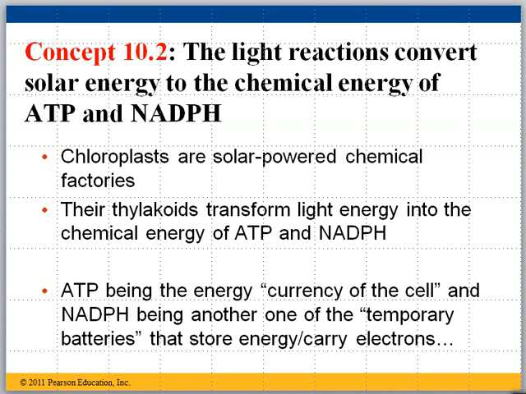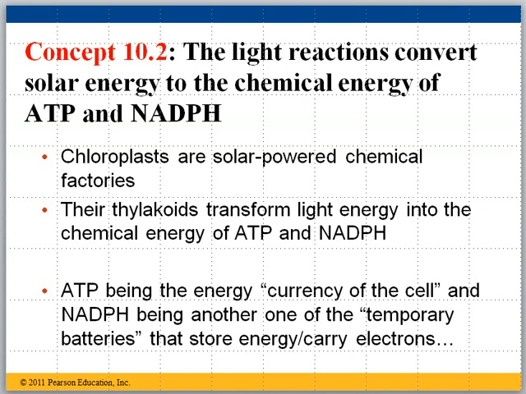So NADPH is basically in photosynthesis what NADH was in respiration. It's just an electron carrier. It's what I would have been calling a temporary battery, or a bucket, basically, to carry these excited electrons from one part of the process on to the next.